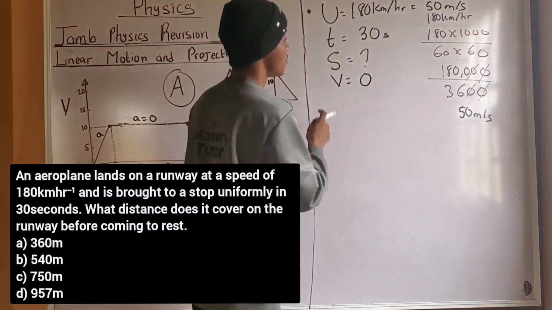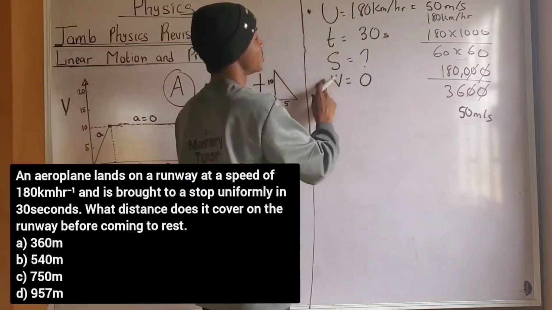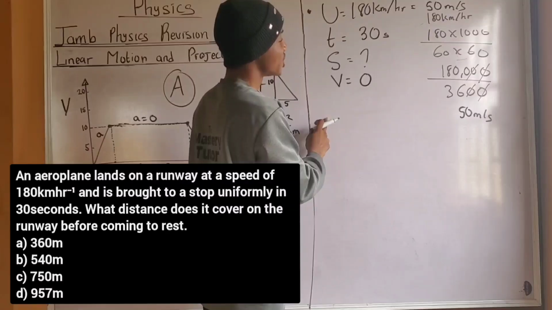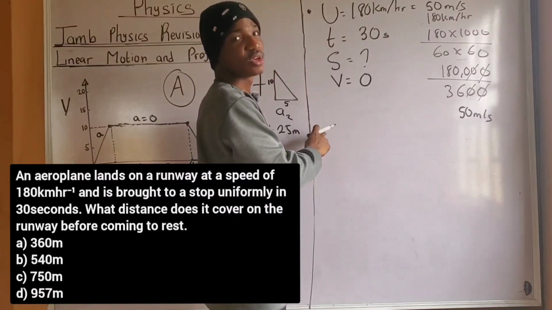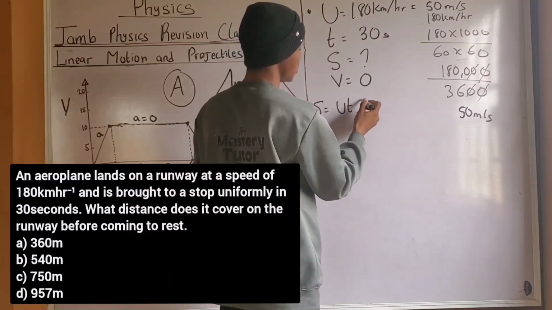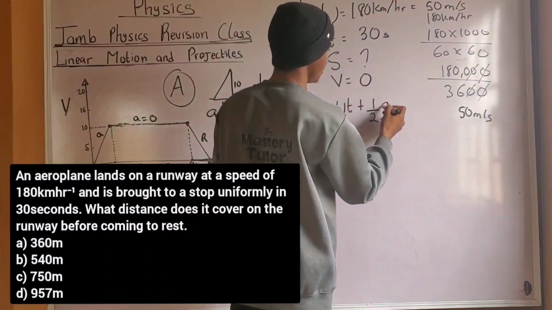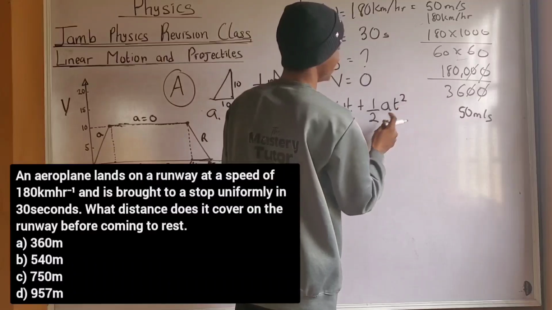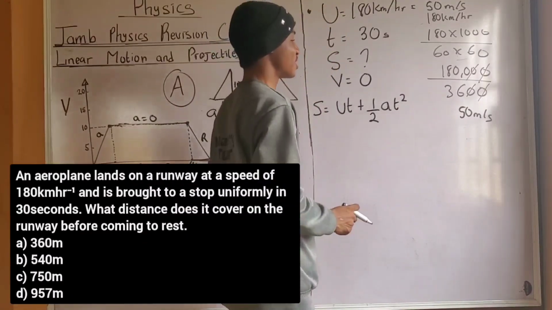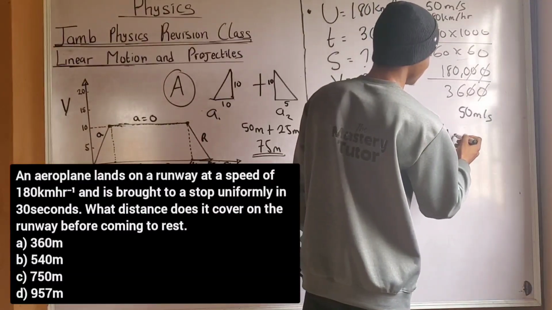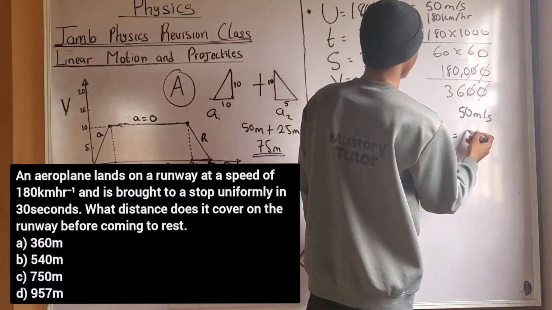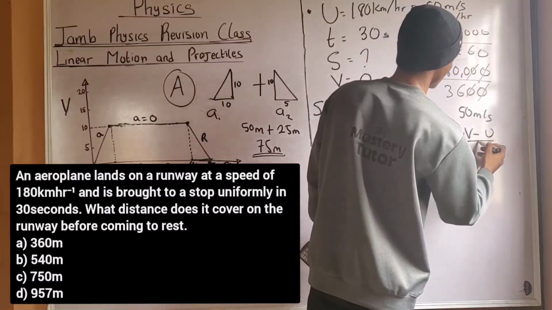Now, we are looking for the distance with respect to the parameters that we have here. Which of the equations of motion are we going to use? We are going to make use of S equals ut plus 1 over 2 at squared. If you want to make use of this, you don't know the acceleration, do you know? And the acceleration can be gotten. Acceleration is equal to change in velocity, that is V minus u all over t.